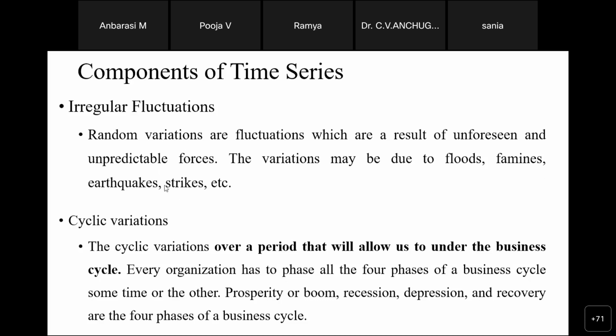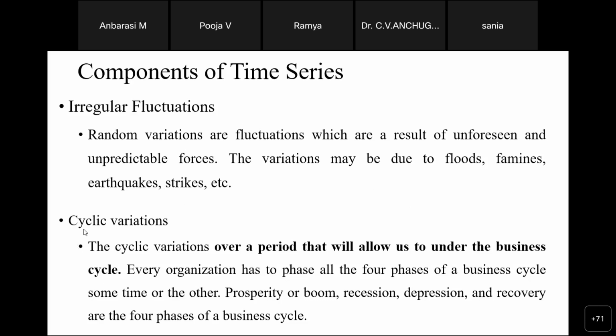These we can call irregular fluctuation, or you can say random error also. Random error means there may be noise present in the data, which will affect the accuracy of the forecast. So that also should be taken into consideration when you go for the forecasting model.